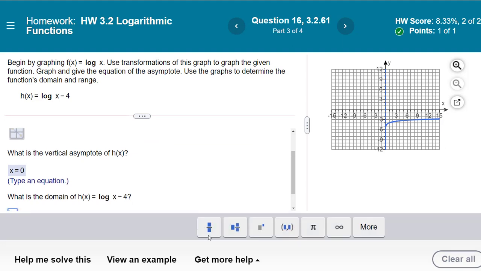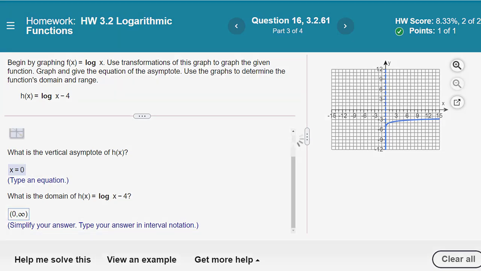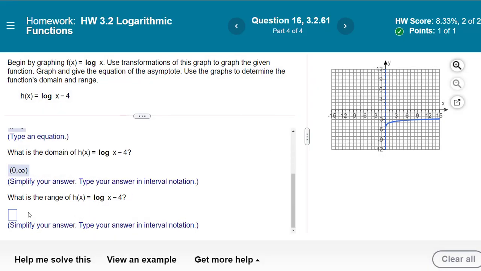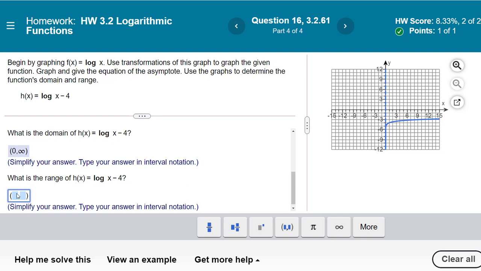And the domain is going to be the x value, so that's from 0 to infinity in this case. And our range is going to be from negative infinity to positive infinity.